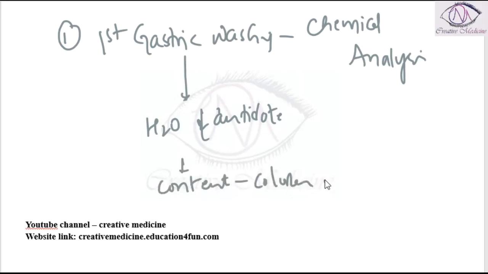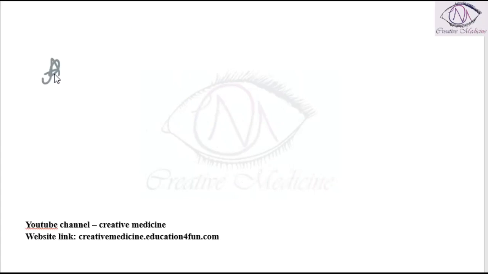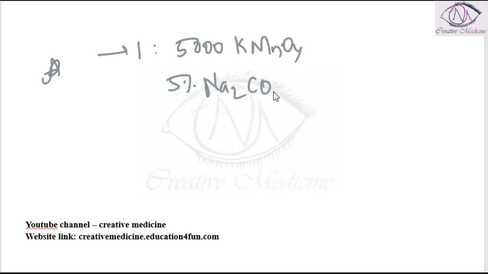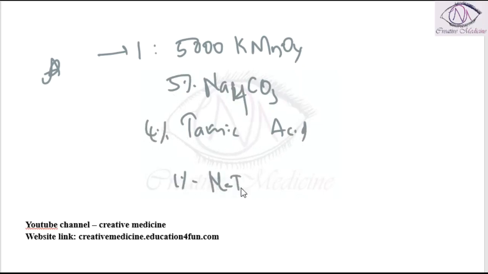Some amount of antidote solution or activated charcoal is left in the stomach. Solutions used for gastric lavage are 1 in 5000 potassium permanganate solution, 5% sodium bicarbonate, 4% tannic acid, 1% sodium iodide and potassium iodide, lime water and calcium lactate.